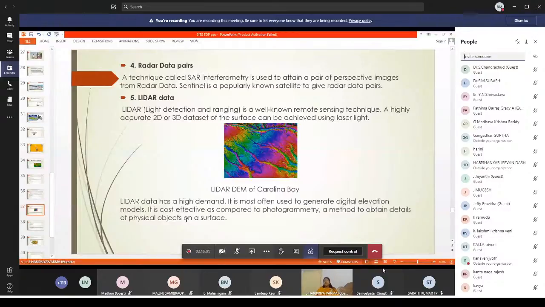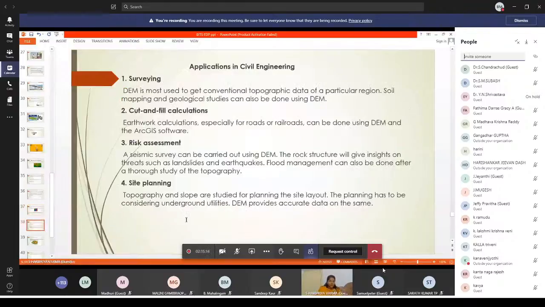Now let us see the digital elevation model applications from a civil engineering point of view. The DEM can be applied in surveying, cut and fill calculations, risk assessment, site planning, urban planning, and water resource management also. Coming to the first case, in surveying, the digital elevation model is most used to get conventional topographic data of a particular region.